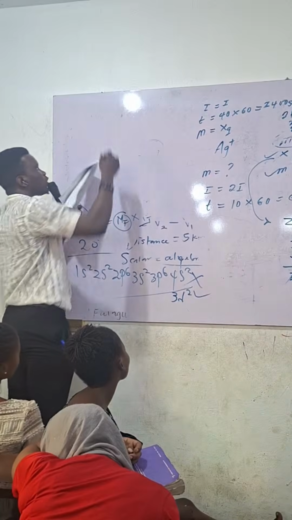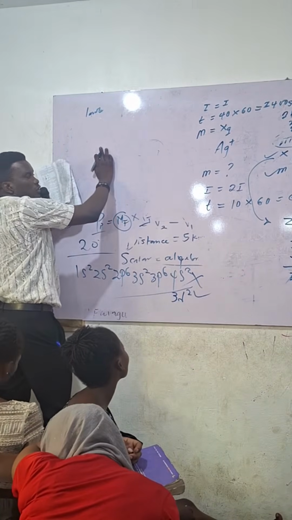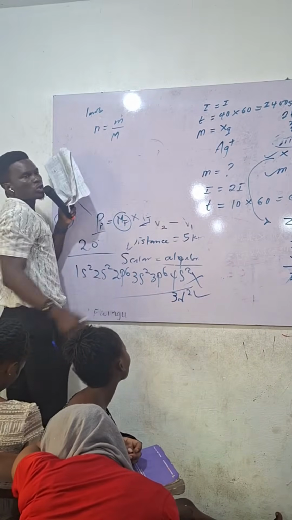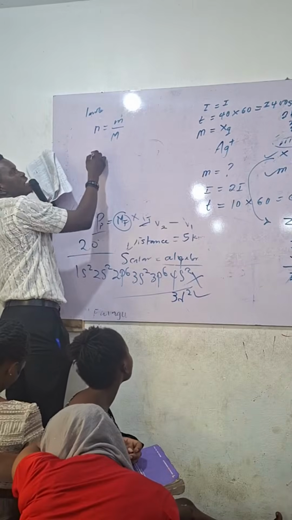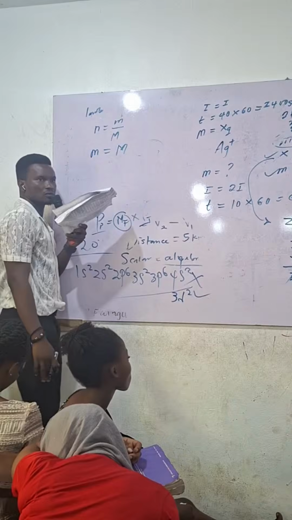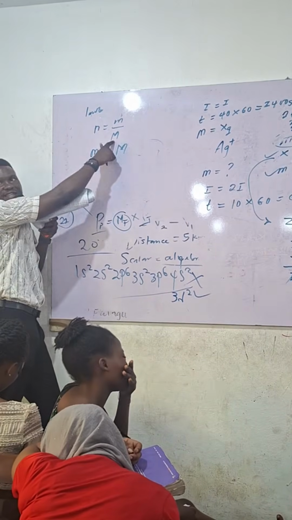Number of moles is equal to mass over molar mass. So anytime you hear 1 mole, that means the mass is equal to the molar mass. Do you agree?